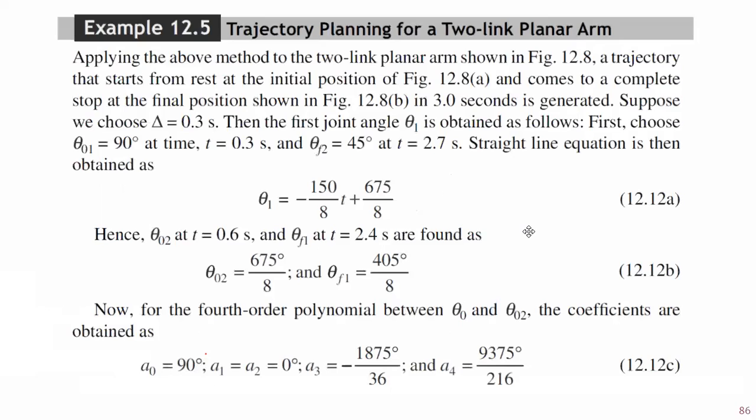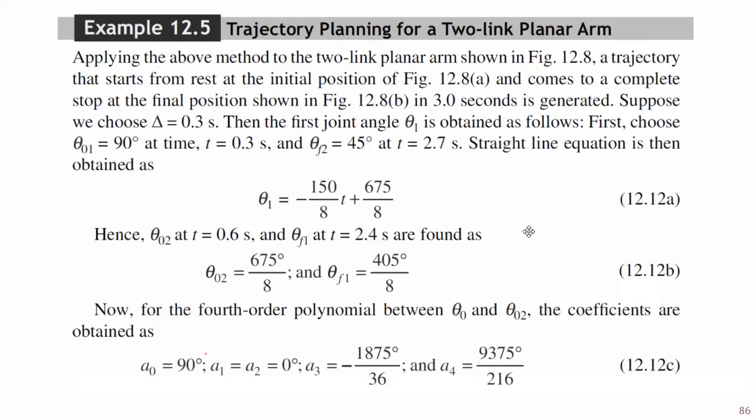Now, suppose we choose delta is equal to 0.3 second. Then the first joint angle theta 1 is obtained as follows. First choose theta 01 is equal to 90 degree at time t is equal to 0.3 second and theta f2 is equal to 45 degree at time t is equal to 2.7 second. Straight line equation is then obtained as theta 1 is equal to minus 150 t divided by 8 plus 675 divided by 8.